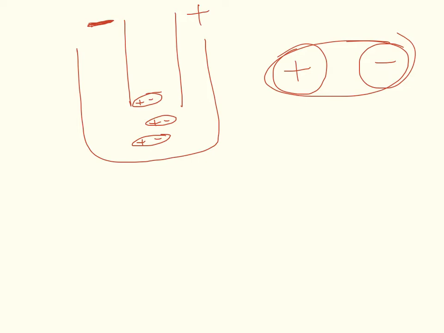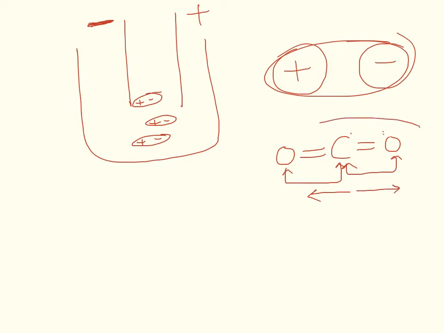If it's a small simple molecule like carbon dioxide, for example, we know this is a polar bond because carbon and oxygen have different electronegativity. So this is polar and this is also polar. But remember, this attraction of electrons and this attraction of electrons is the same. So even though there are polar bonds present in the molecule, the overall molecule is a non-polar molecule. It's a symmetrical non-polar molecule.